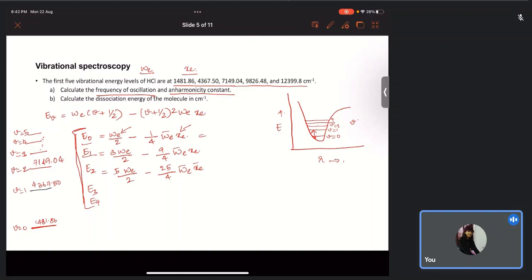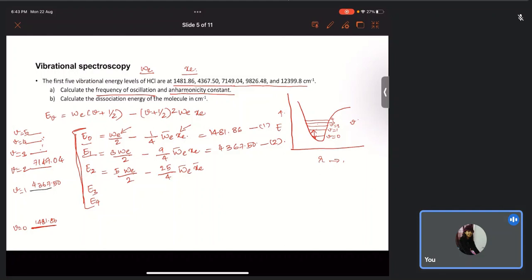So we know E0 is going to be 1481.86. This is equal to 4367.50. This is equation 1 and this is equation 2.